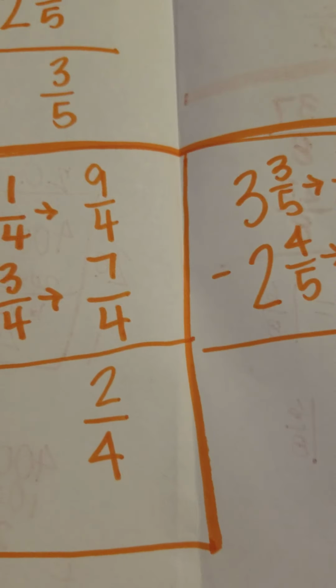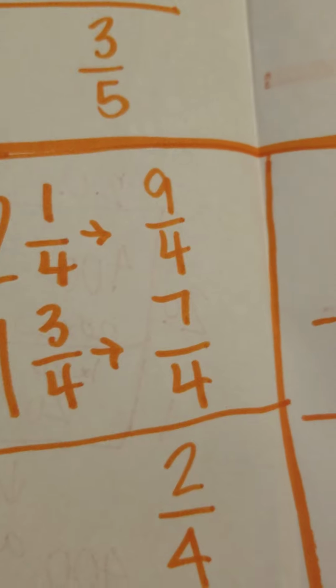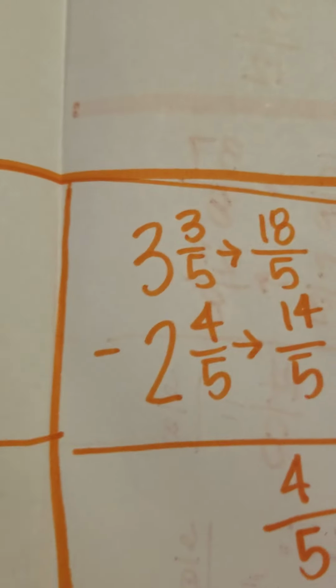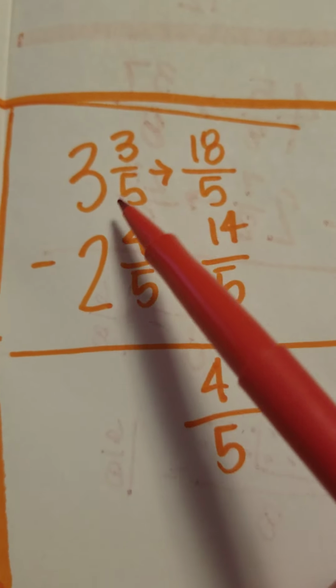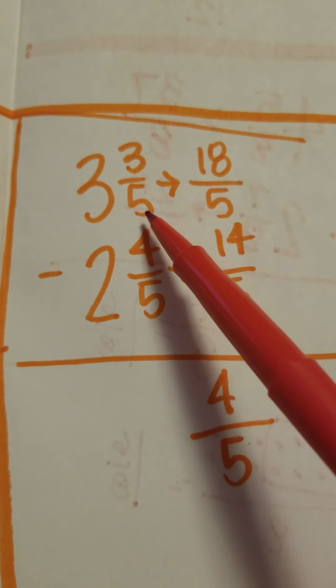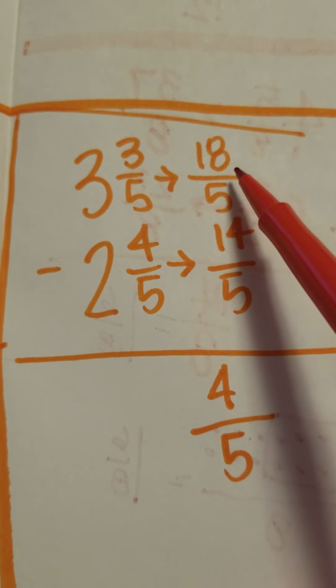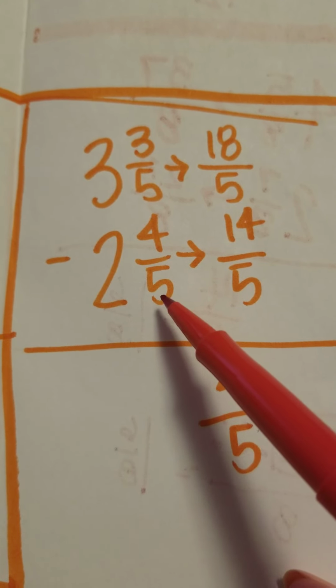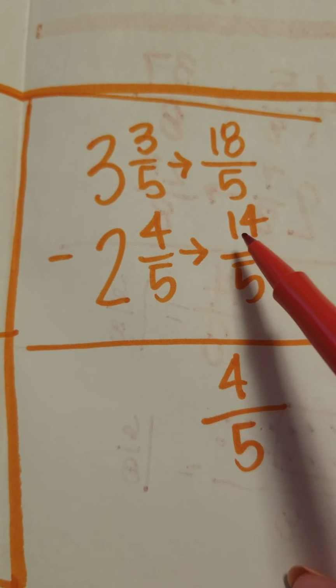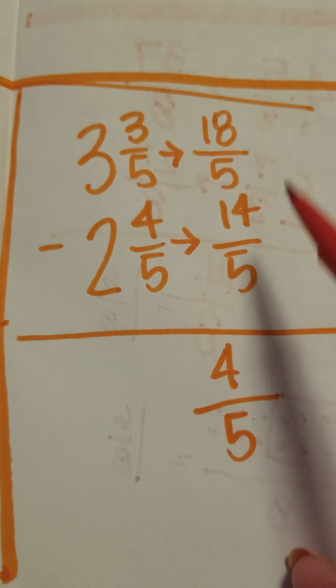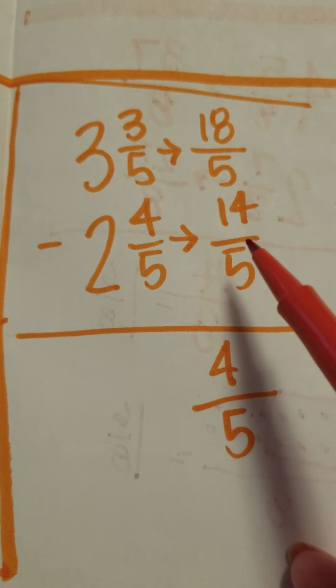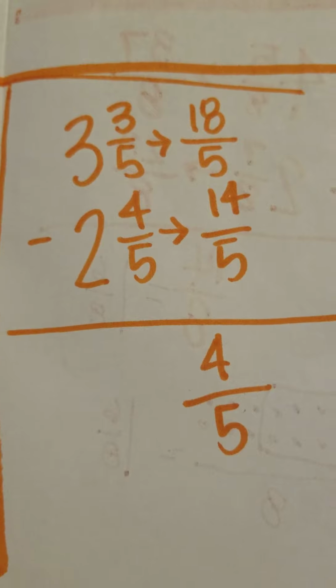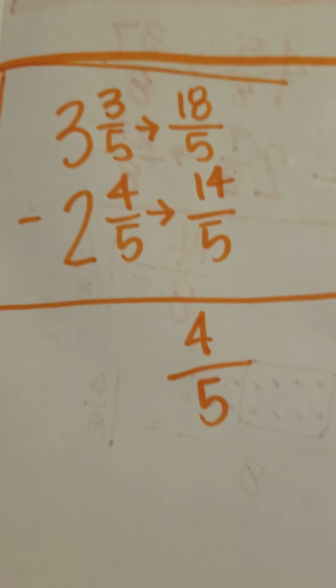And the last one that I didn't do on the video was number 3. So we just did 3 times 5 is 15, plus 3 is 18. Keep our denominator. 2 times 5 is 10, plus 4 is 14. Keep your denominator. 18 subtract 14 is 4. So our answer is 4/5.